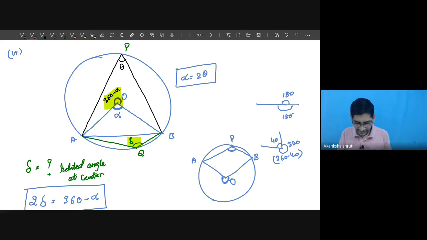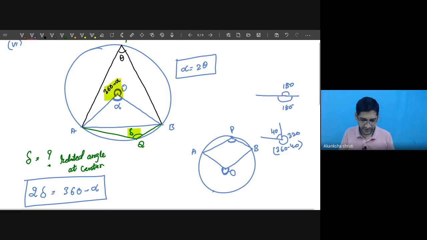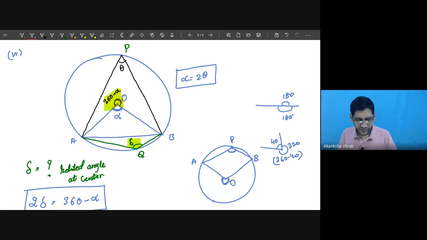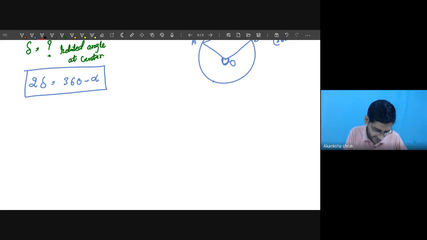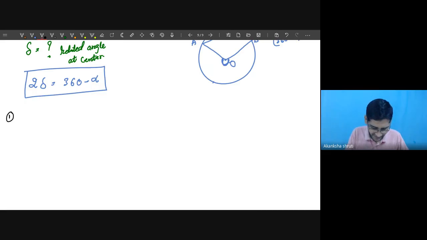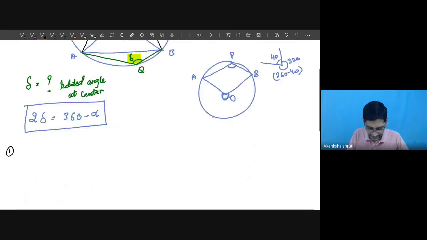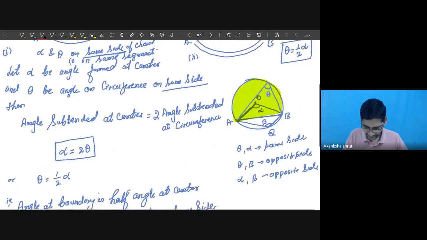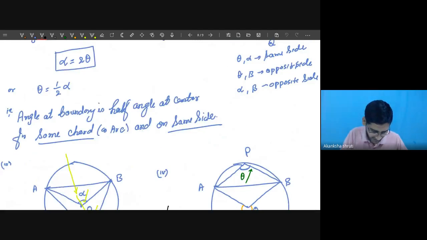So be careful for that. Observe the angle on the same side, in the same line while you are moving. That is the concept. This is the first theorem that we have learned. So write down this first one clearly. Angle at center is double of the angle on the circumference. I think we have written this. So student, it is the very first theorem that you need to keep in mind.